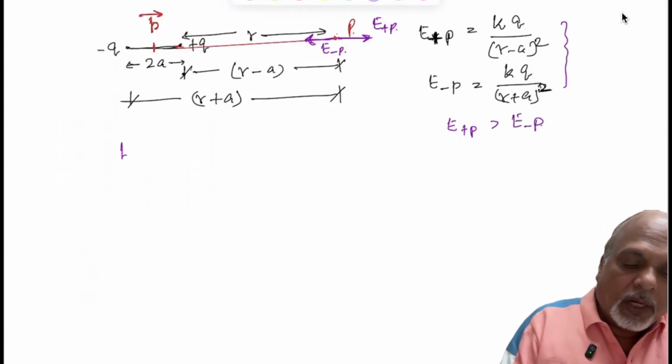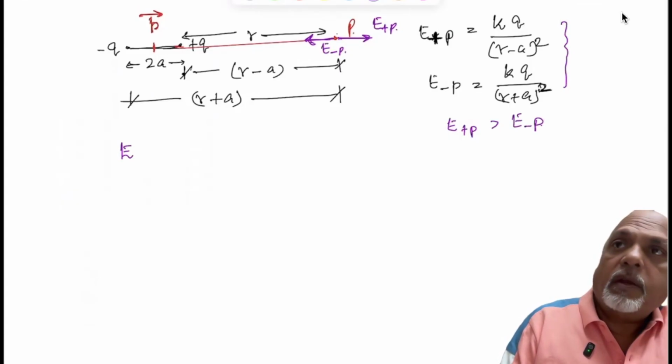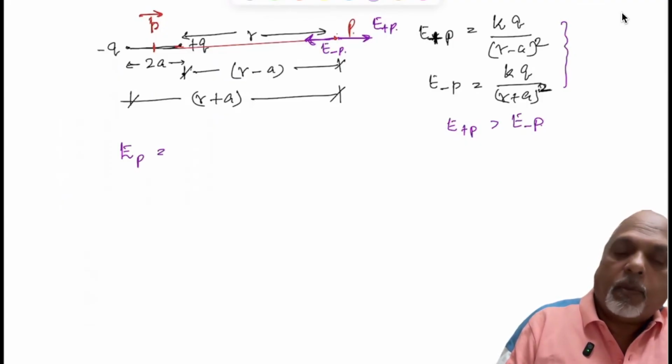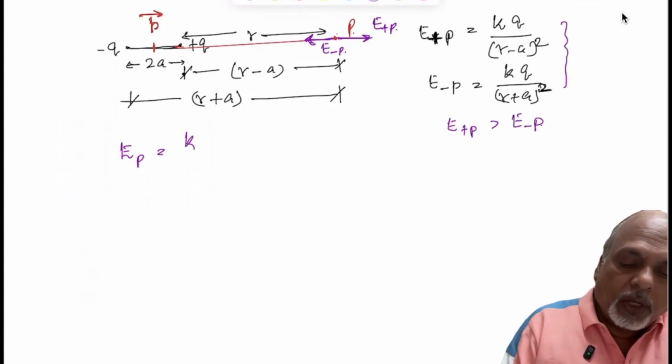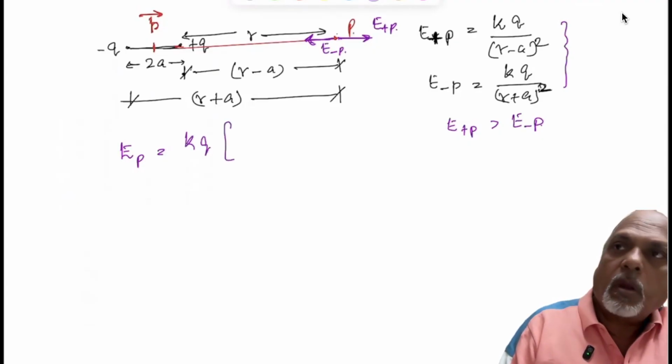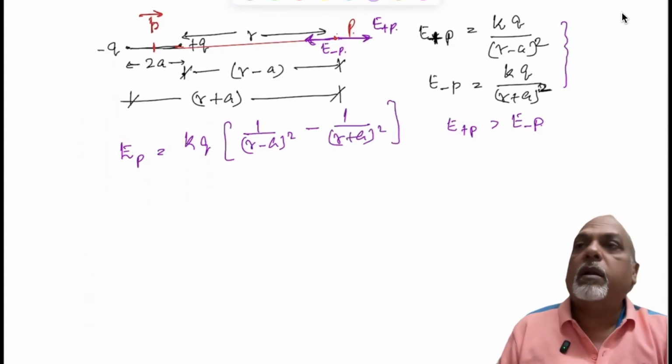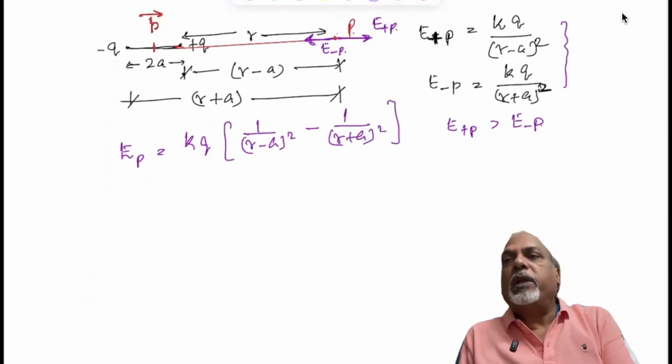So what is the resulting electric field at P due to the dipole? This will be KQ [1 upon (r minus a) square minus 1 upon (r plus a) square], because both are in opposite directions.